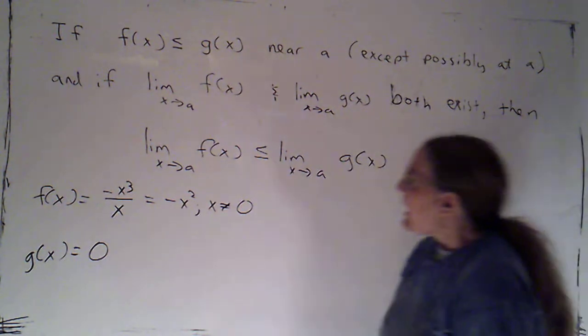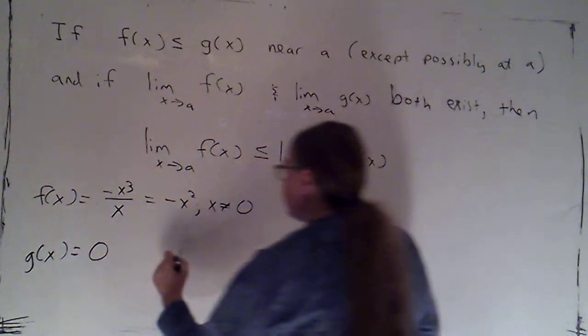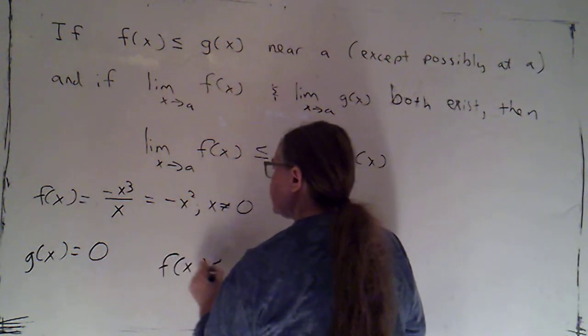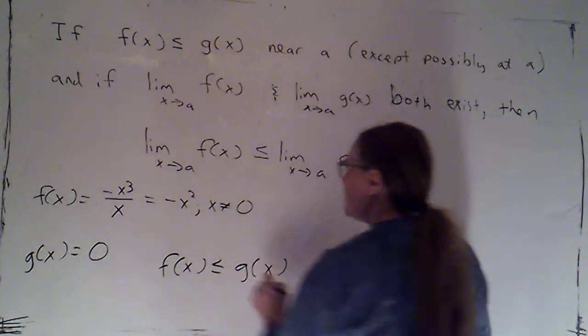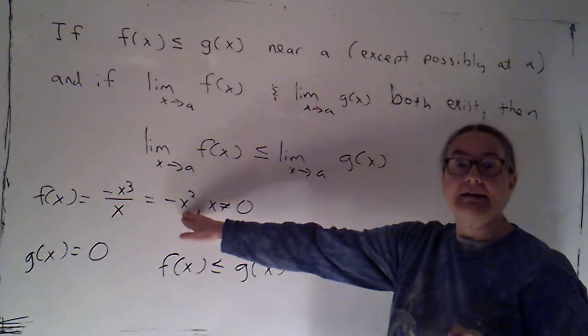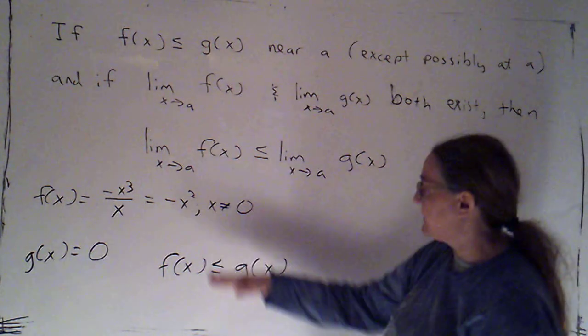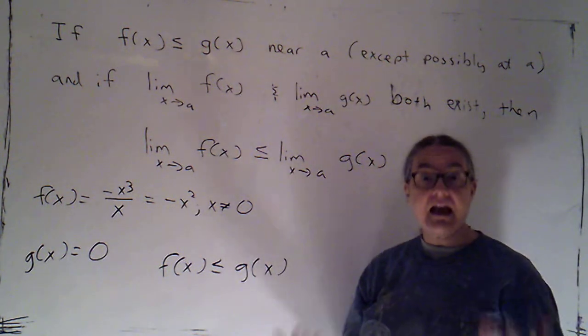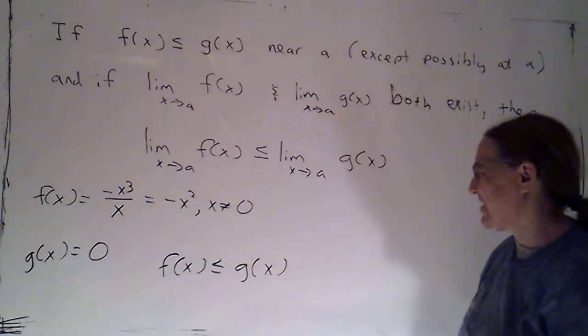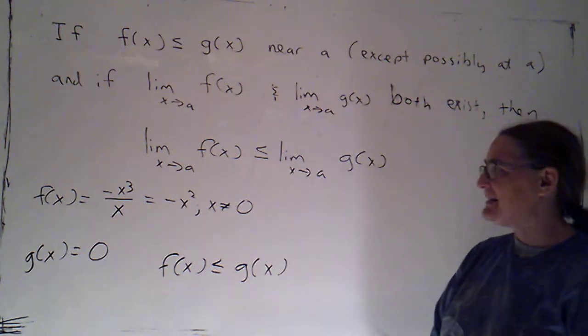Okay. And so I will have the case that f of x is less than or equal to g of x, because it's going to be strictly negative close to 0. Actually, this inequality holds everywhere except at 0, where f of x isn't defined.